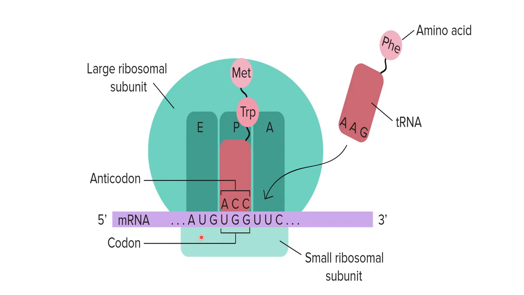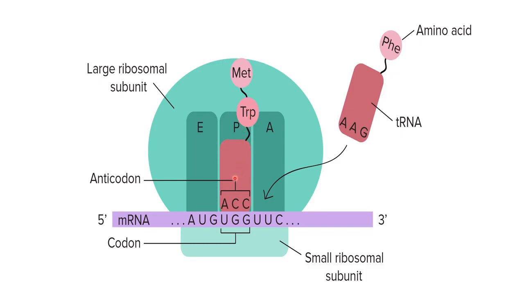The mRNA codon is UGG here. So this tRNA is carrying the amino acid tryptophan, because this UGG is a codon for the tryptophan amino acid.